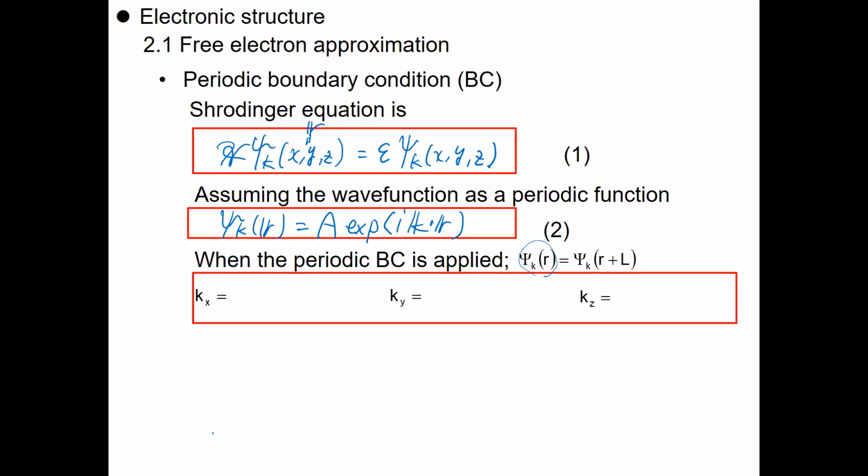In the one-dimensional case, k_x equals 2 pi over L times n_x, where n_x is some integer, and similarly 2 pi over L times n_y and 2 pi over L times n_z. So the wave vector of electrons is somehow limited by the size of L, and there is some quantum number n_x, n_y, n_z.